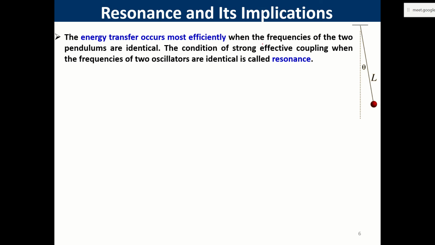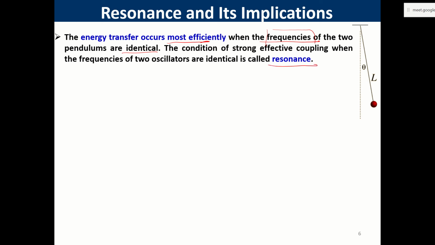In other words, the length is also related to the frequency of the pendulum. If you go back to the basic equation, you will find that frequency is related to it, so we can also say that energy transfer is most efficient when the frequencies are identical. When the two frequencies are matched and energy transfer occurs, it is called resonance.